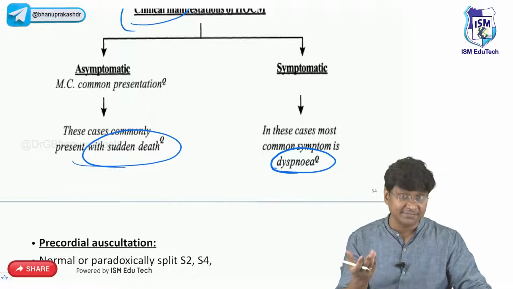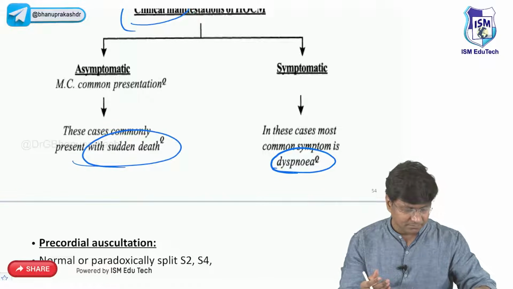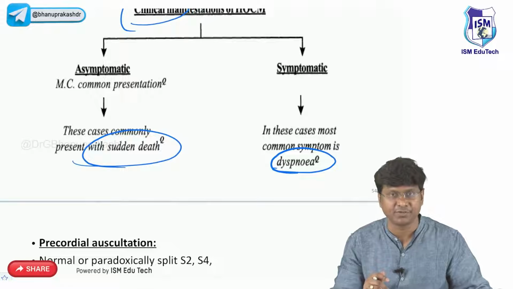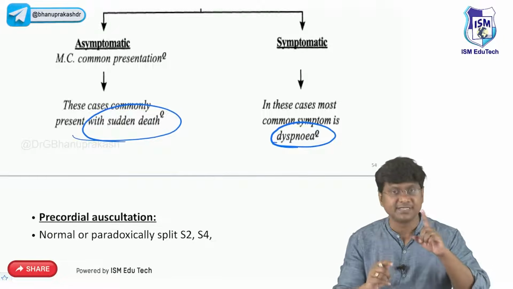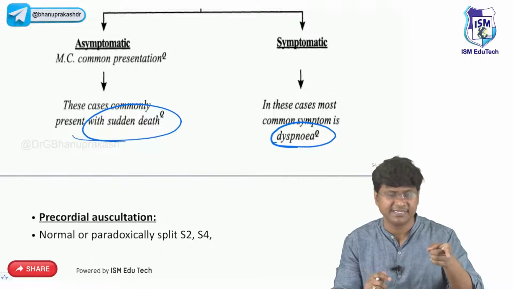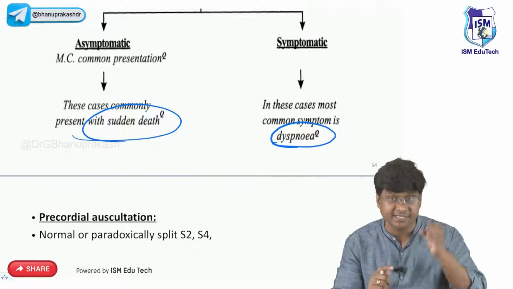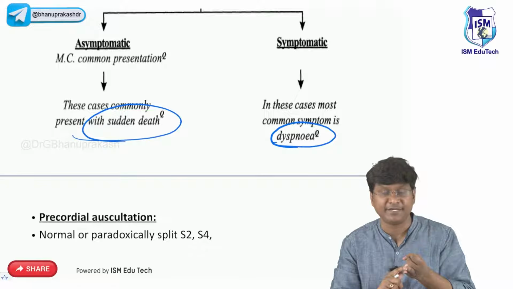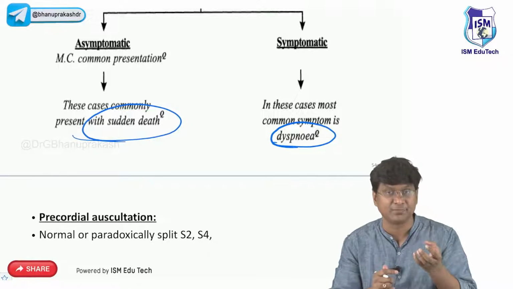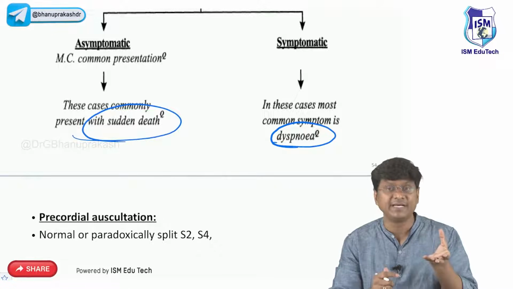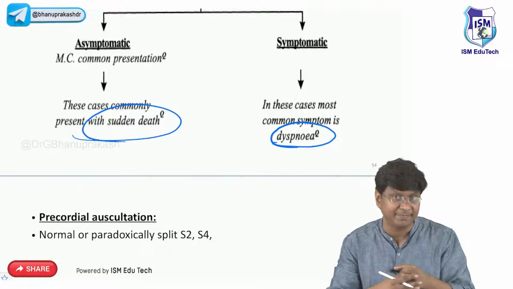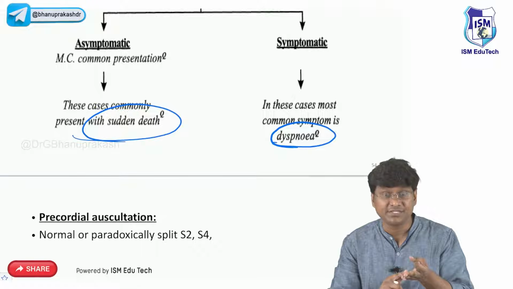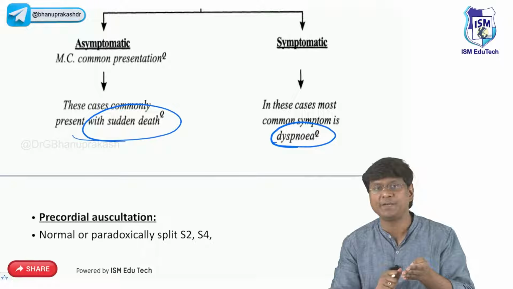The other symptoms include giddiness, because there is decreased cardiac output resulting in decreased cerebral perfusion, right? And these patients can also have palpitations because your hypertrophic septum or hypertrophic left ventricle will be arrhythmogenic. So dyspnea, giddiness, palpitation, and they can also have syncopal attack.